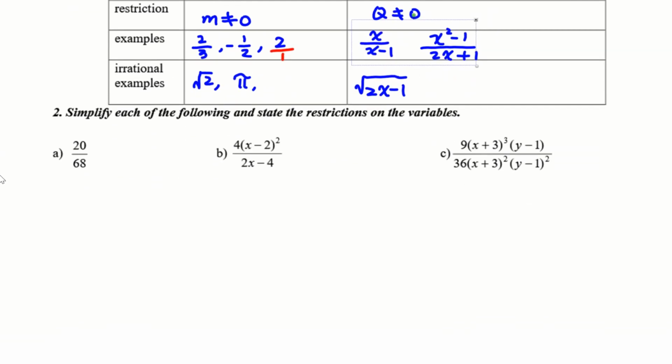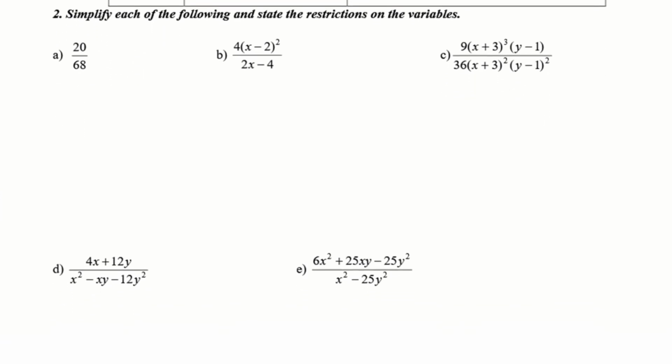So we are going to see how to simplify, multiply, and divide rational expressions. That is similar to simplifying rational numbers. So this is how we can simplify rational numbers.